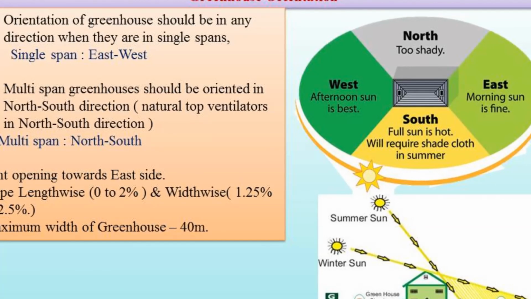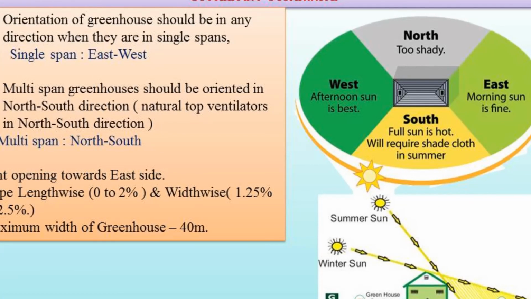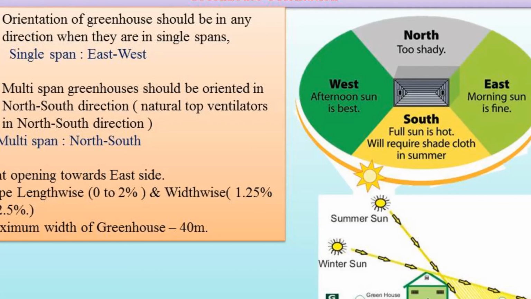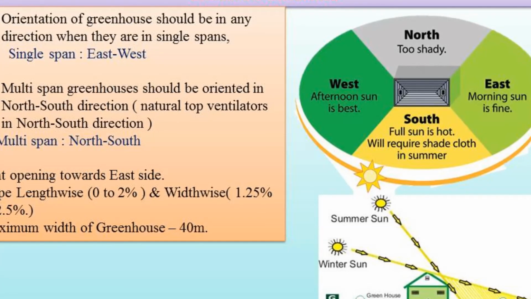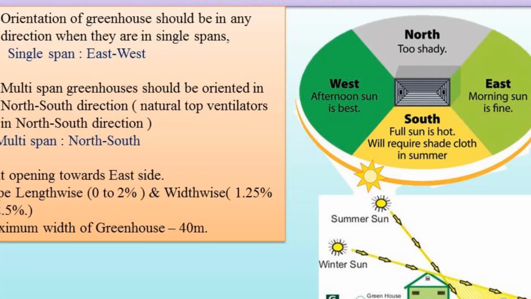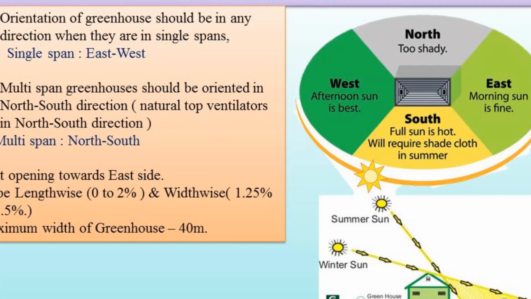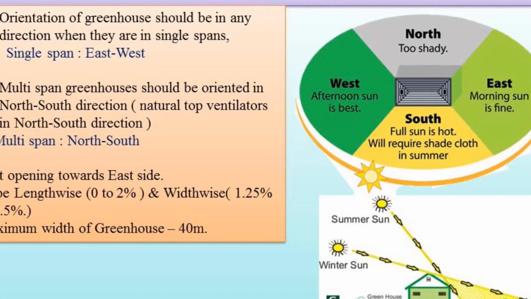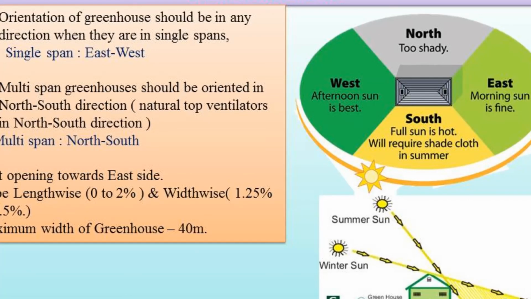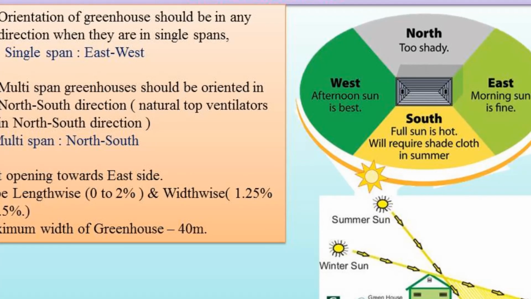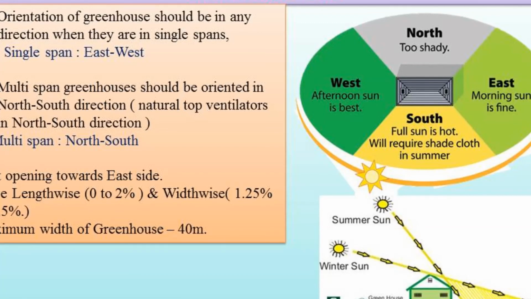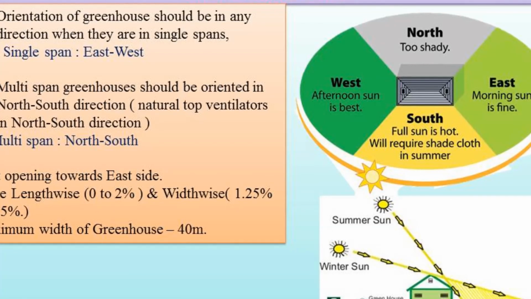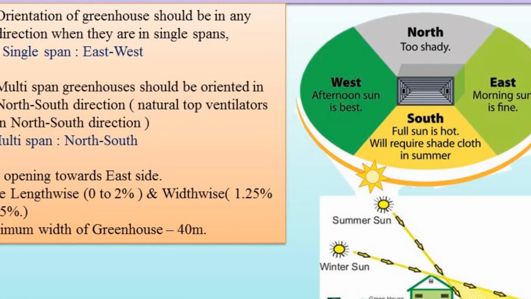And such type of greenhouse should have its long axis perpendicular to the wind direction. In multi-span type of greenhouses, the gutter should be oriented in north-south direction. And in naturally ventilated type of greenhouse, the ventilator should be open on the leeward side.